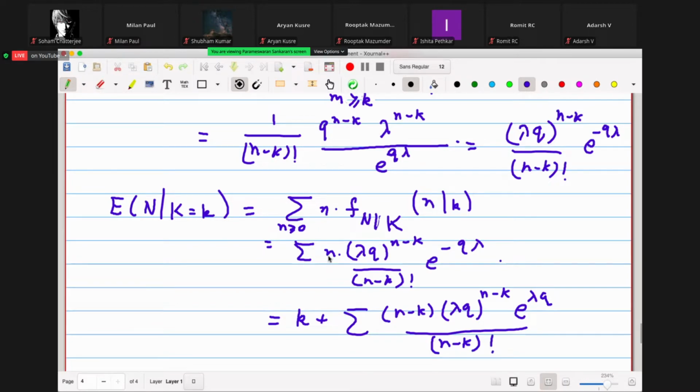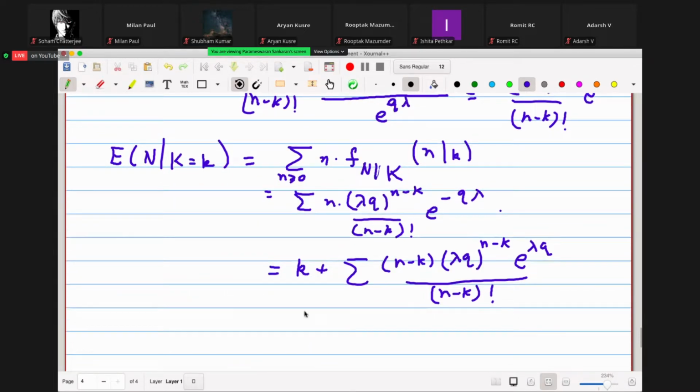Because this n, I write as n minus k plus k. And when it is plus k, I pull it out. Of course, I have the whole sum also, but that whole sum is just equal to 1. So that's why this became k. And now I have this, but this you readily recognize is the expectation of the Poisson with parameter lambda q. So k plus lambda q.